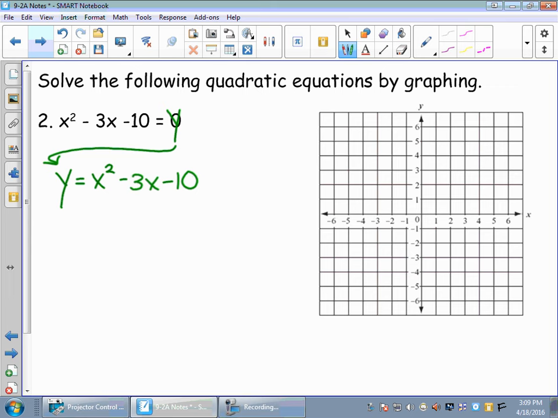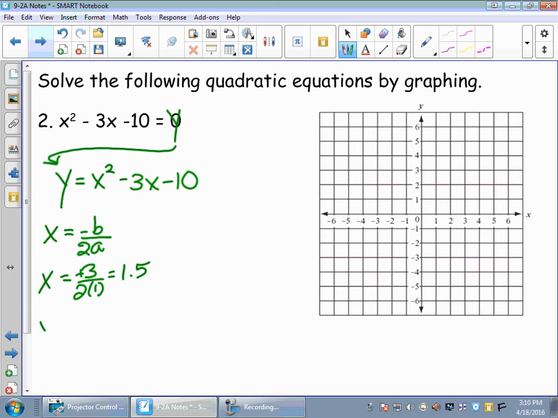I don't want to put this into vertex form because that 3, when I take half of it and square it, it would get ugly. So I'm going to go to the old-fashioned standard form. So the first thing I need to find is the vertex. So x equals negative b over 2a. X equals positive 3, because that's the opposite of negative 3, over 2 times 1, which is 3/2 or 1.5.